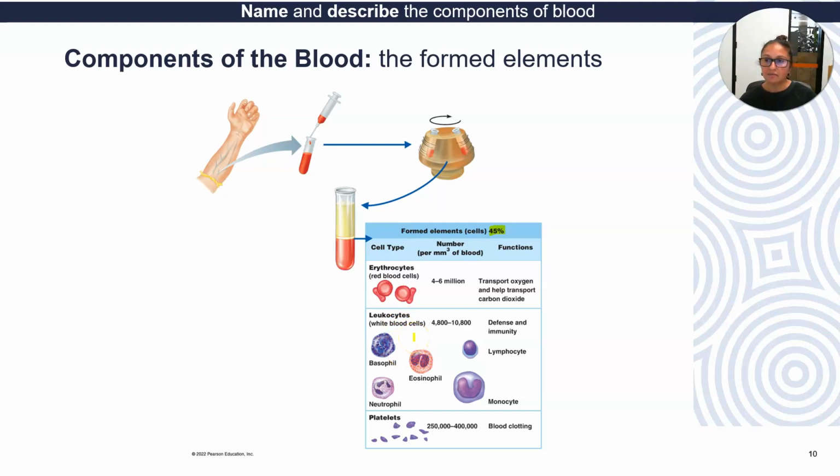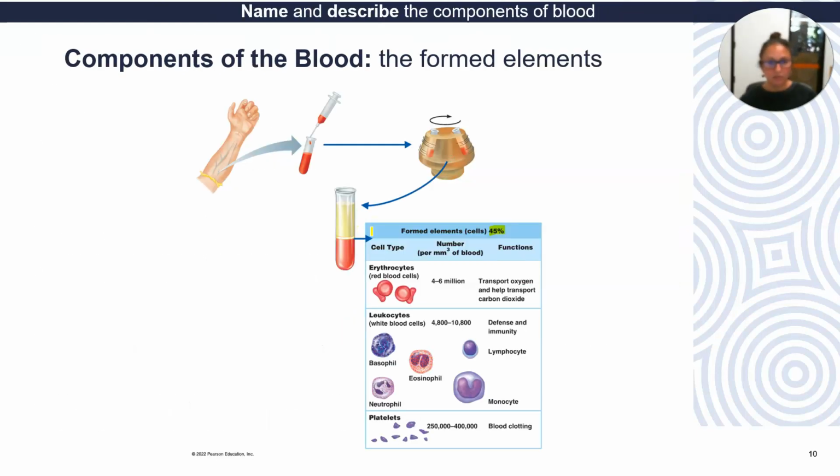Now, the correct name for white blood cells is leukocytes. And then we also have platelets. Now, platelets are not cells themselves. They actually are just bits of cells. And all of these bits, they all have different jobs.